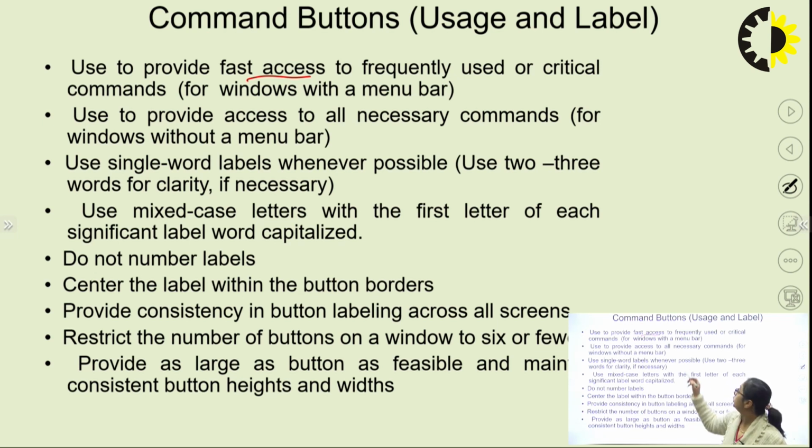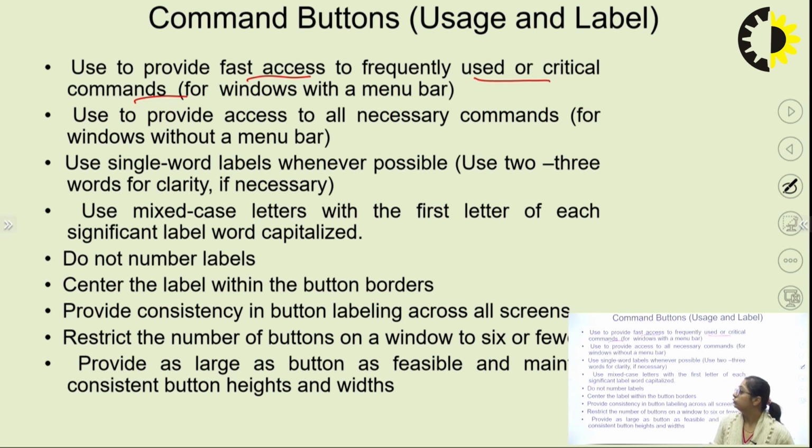It is used for frequently used or critical commands for windows with a menu bar, like with the help of function keys: Shift plus F5, Shift plus F4, Shift plus F1 for help. With these combinations you do fast access with the help of command buttons.